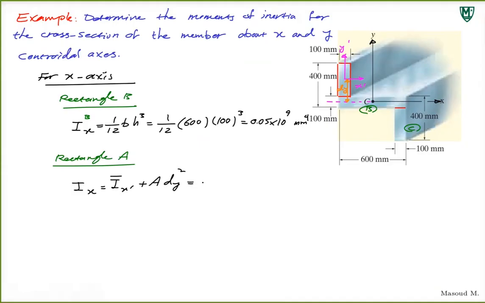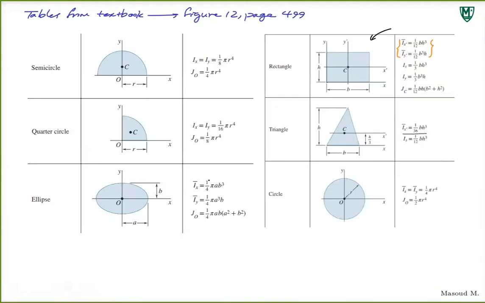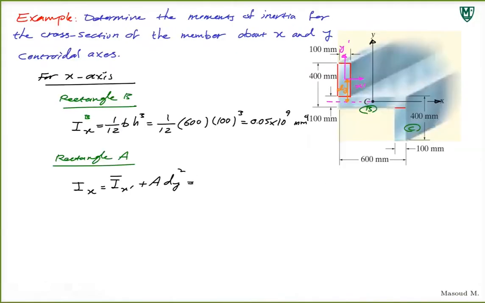Ix prime bar is 1 over 12 bh cubed. Let me just put the parameters here. Let's just keep it as parametric and A dy squared.